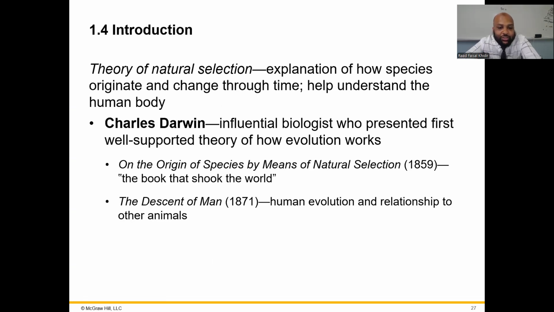Okay, so what is natural selection? We alluded to that. In natural selection, there are stressful pressures that pressure you into acquiring adaptations that help you survive. Somebody who is constantly lifting weights, their body has to adapt to this stress.